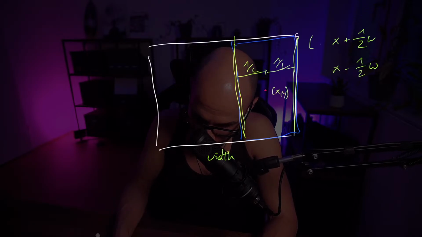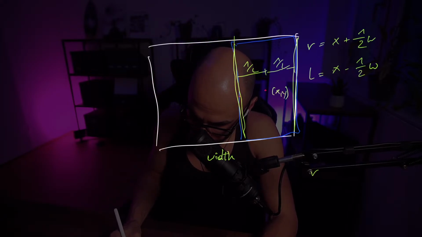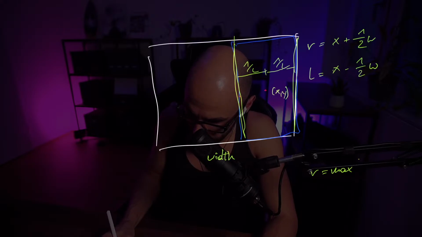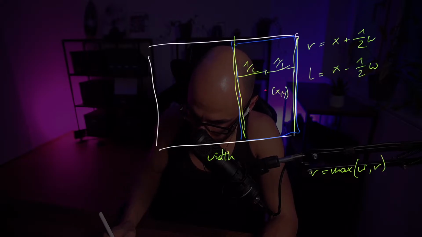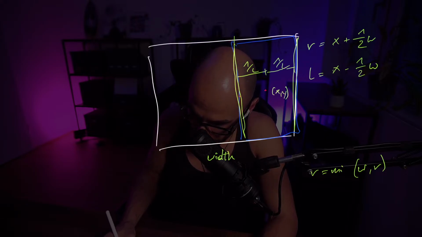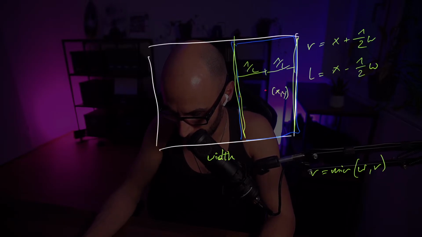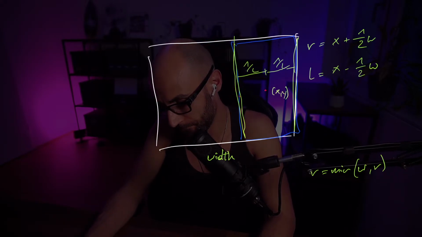So R is the right border, and we have the left border. Then right equals max width and R, and it's not max, it's min actually. So we would like the smaller of those two.